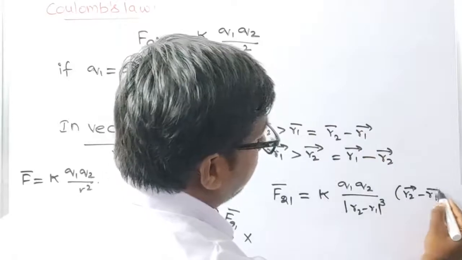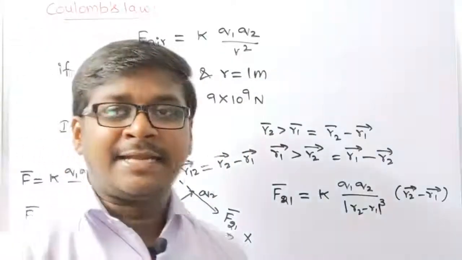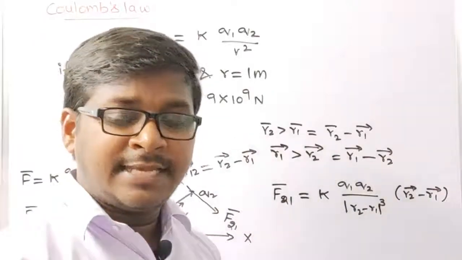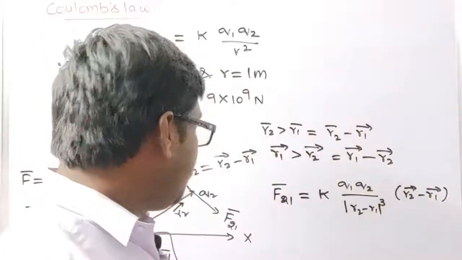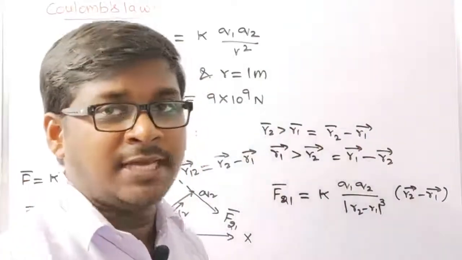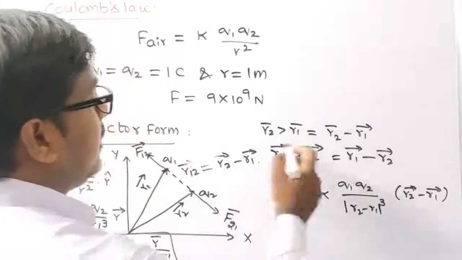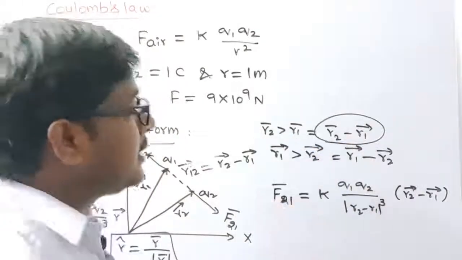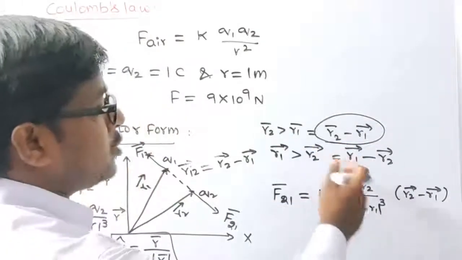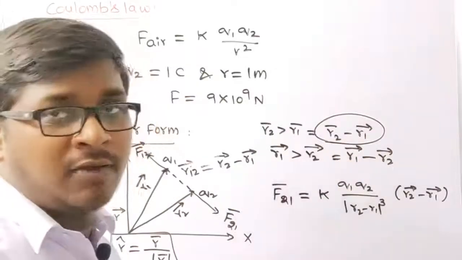So the force acting on the second charge due to the first charge, F21, is equal to k into q1 q2 by mod of r2 minus r1 whole cube into r2 bar minus r1 bar.